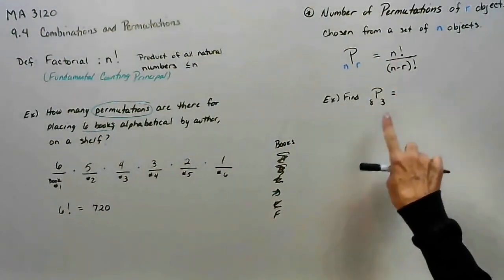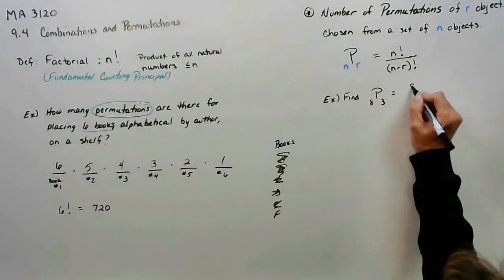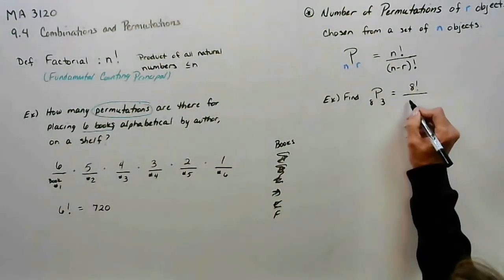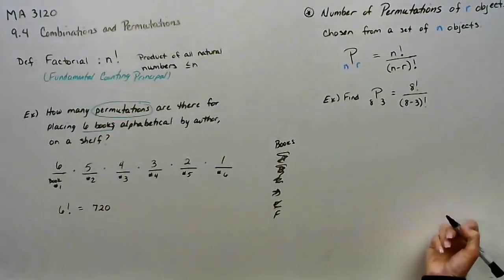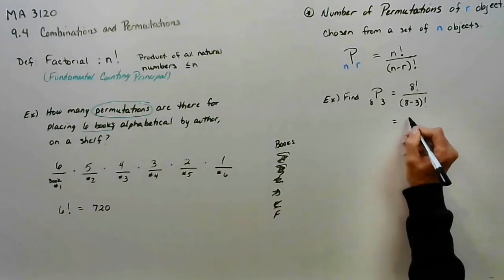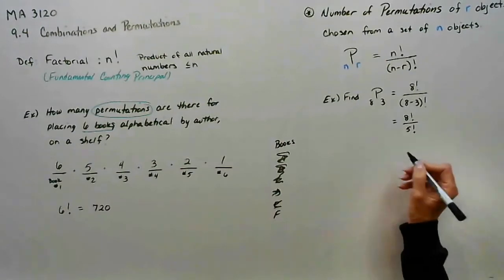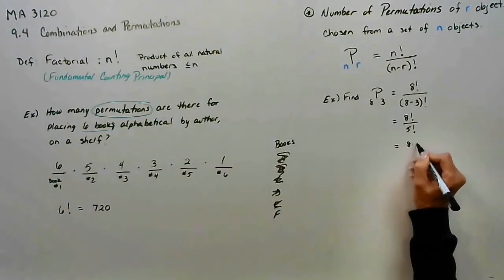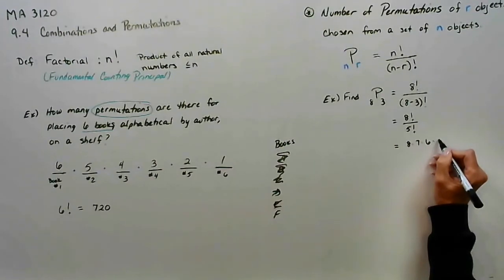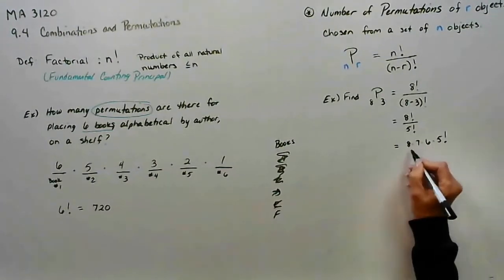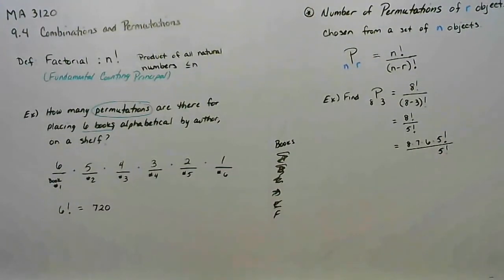So if I follow this formula, 8 objects chosen 3 at a time, this would be 8 factorial divided by 8 minus 3 factorial. So this would be 8 factorial over 5 factorial. So this would be 8 times 7 times 6 times 5, 4, 3, 2, 1, divided by 5, 4, 3, 2, 1.